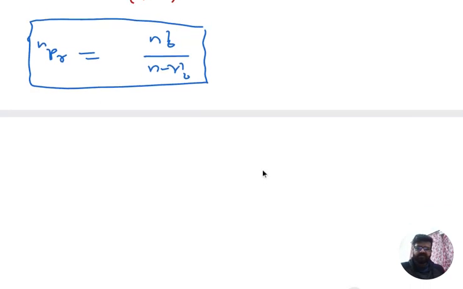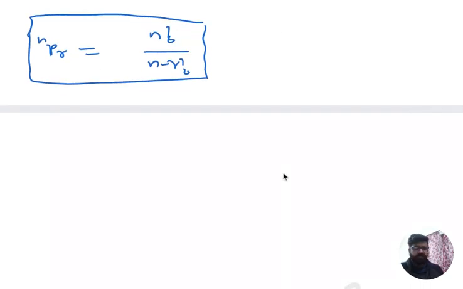Yes, this is our permutation formula. So how to find the permutation? We will find the permutation nPr equals factorial n divided by n minus r factorial. So this is a permutation.